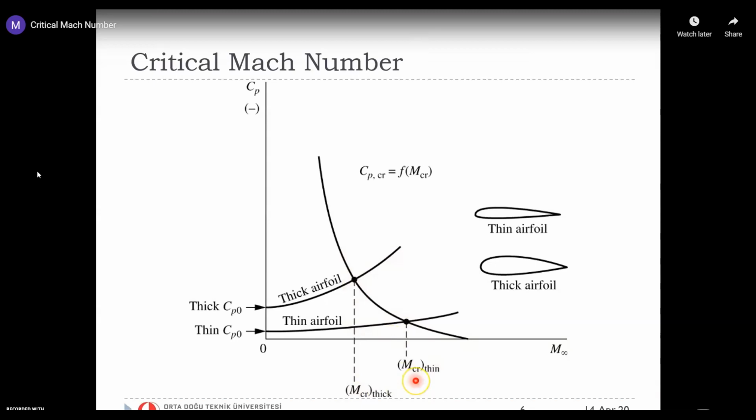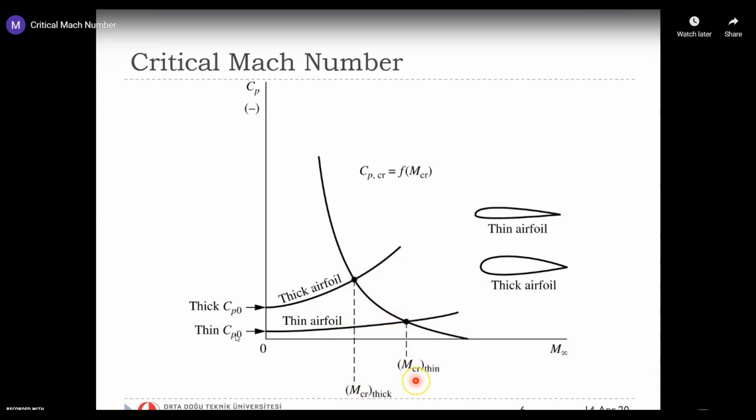It decreases because the thin airfoil curve that you are seeing here will shift towards left, basically, on this CP critical line. Why? The main reason is that this thin CP0 is our starting point. This is obtained from the incompressible flow theory, and we then correct it following this line.